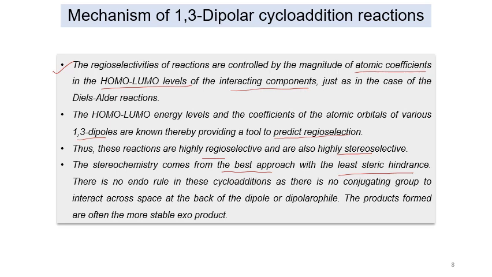There is no endo rule in these cycloadditions as compared to Diels-Alder reactions, simply because there is no conjugating group that can interact across space at the back of the dipole or dipolarophile. Therefore, the products that are formed are most often the most stable exo product.